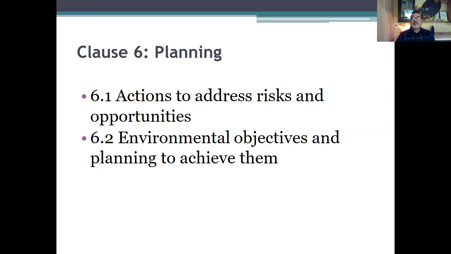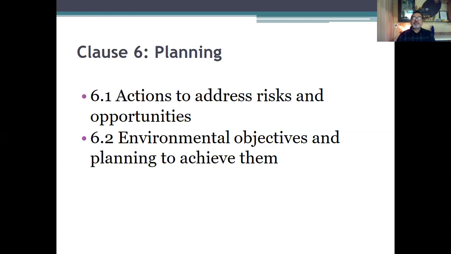They need to be consistent with the organization's environmental policy, measurable where possible, able to be monitored, communicated effectively, and be such that they can be updated when circumstances require. Once more, it is mandatory that documented information is kept outlining this process and its outputs.